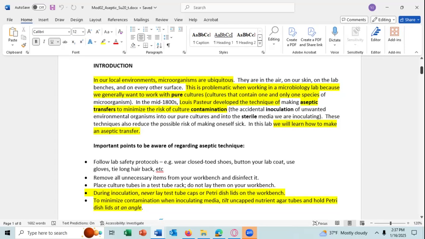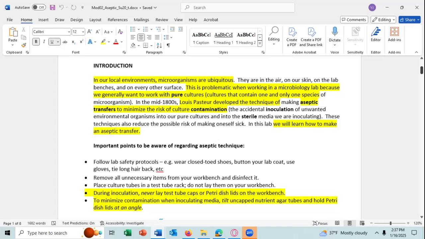And if you ever had a dilution where only 1 out of 10 tubes got growth in it, Louis Pasteur correctly assumed that the 1 tube with growth would be most likely a pure culture, because 9 of the transfers did not give rise to anything in the tube. Contamination is the accidental inoculation of unwanted organisms into a pure culture.